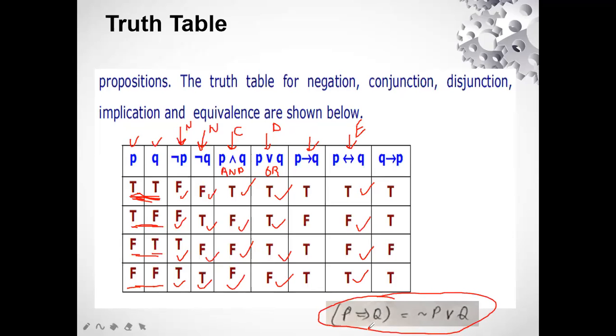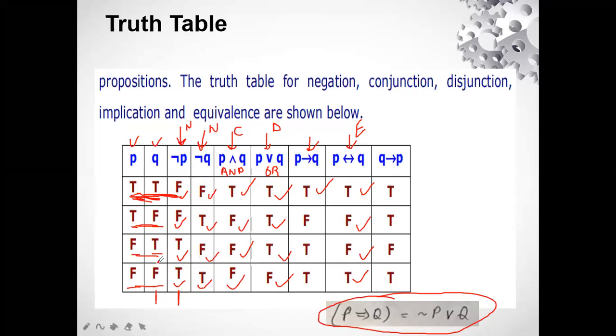If P implies Q, then we find negation P disjunction with Q. So negation P is false, Q is true; the disjunction needs either one to be true, so it is true.